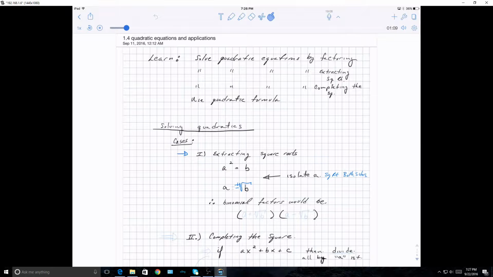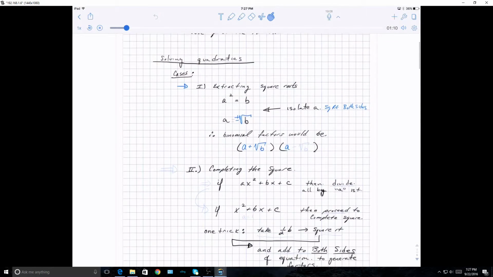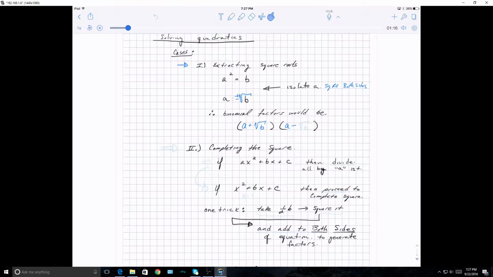The factors of this would be a plus the square root of b times the quantity a minus the square root of b, and you can test that out.